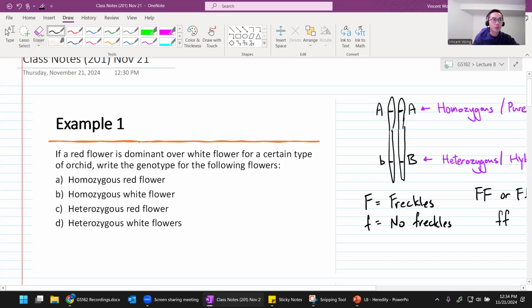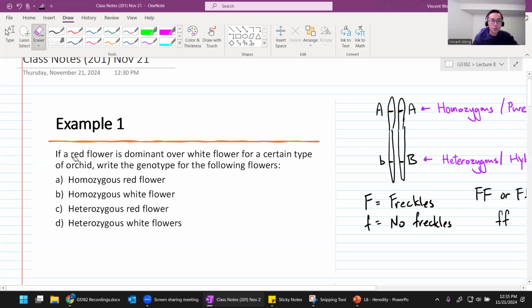And so in this particular question, I did not give you the letters to represent each of the traits. In these cases, you have to come up with your own alphabet. So usually it's a good idea to use the dominant trait to pick a letter to represent the allele.